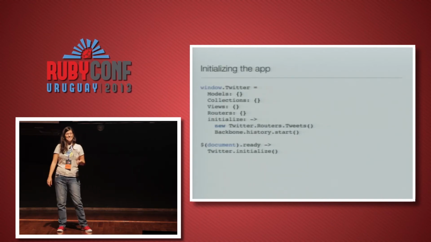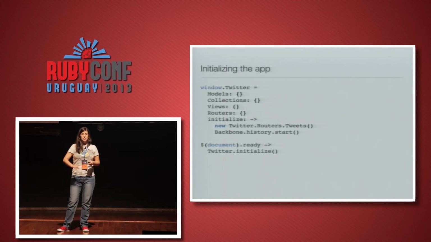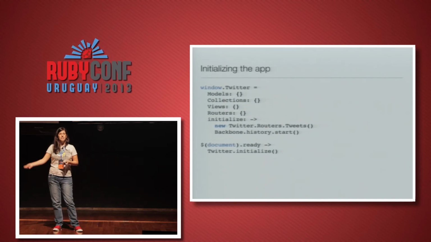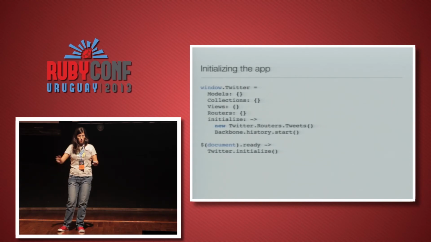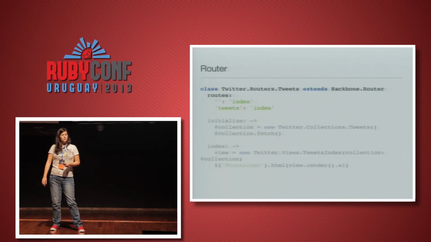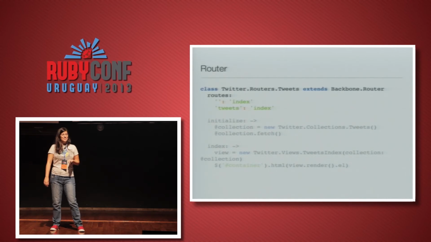The first thing you do is initialize the app. You define the models, collections, views, routers, etc. And the important thing happens in the initialize. And I start the history when the document is ready. The router is created by extending the Backbone router.